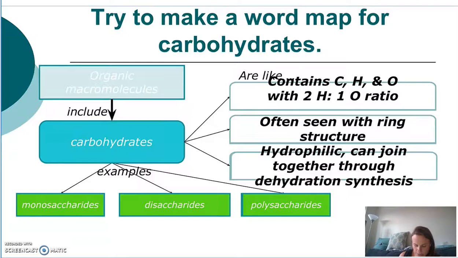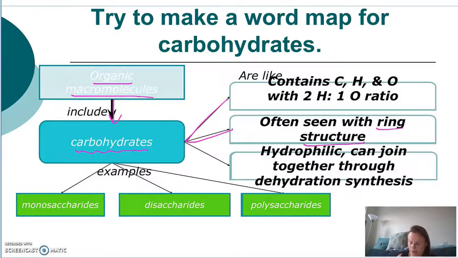So if we take into account organic molecules, we know that carbs are a type of organic molecules. Carbs contain carbon, hydrogen, and oxygen with a 2-to-1 ratio of hydrogen to oxygen. So for every 2 hydrogen, there's going to be 1 oxygen. You can decipher a carbohydrate by its appearance because it will have a ring structure, right?